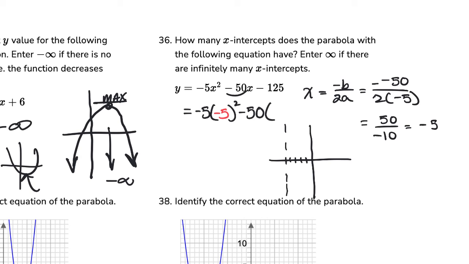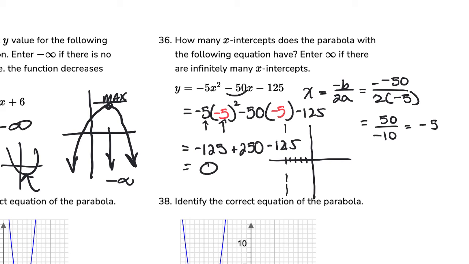Comes another negative 5 in there, then minus 125. So I square the 5 first, that's 25, and then take it times negative 5. So that's negative 125. 5 times 5 is 25, so this is plus 250. Minus 125. See here, that gives me 0.